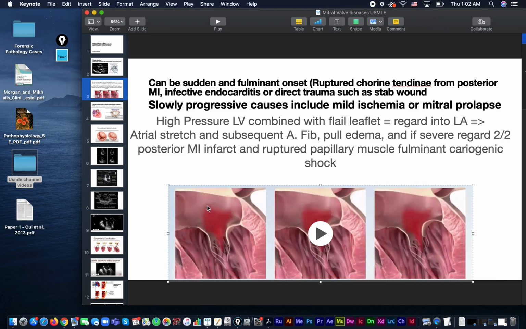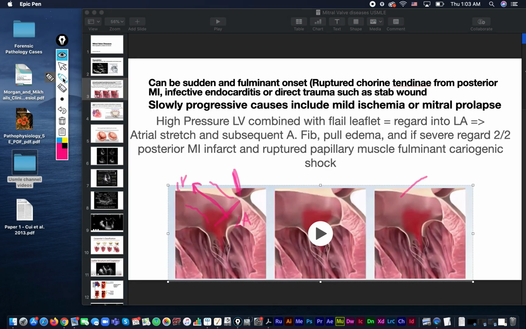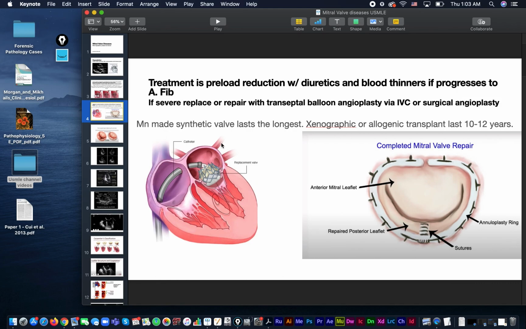There is one weird type of regurg where the regurg goes from the left atrium into the left ventricle, but it's not atrial regurg because it's not going back to the atrium, it's going into the left ventricle. So that actually makes sense why that does not exist. So treatment is diuretics in elderly people.